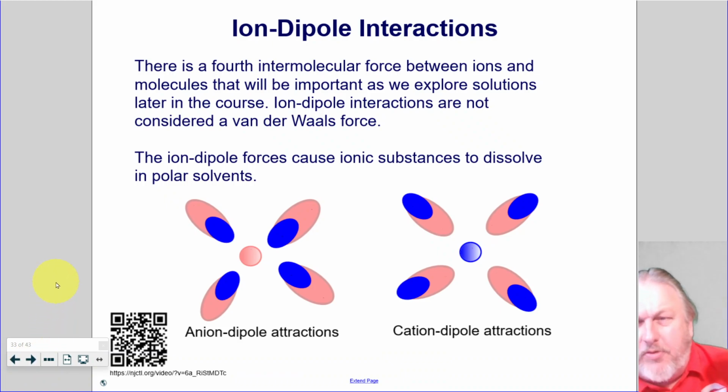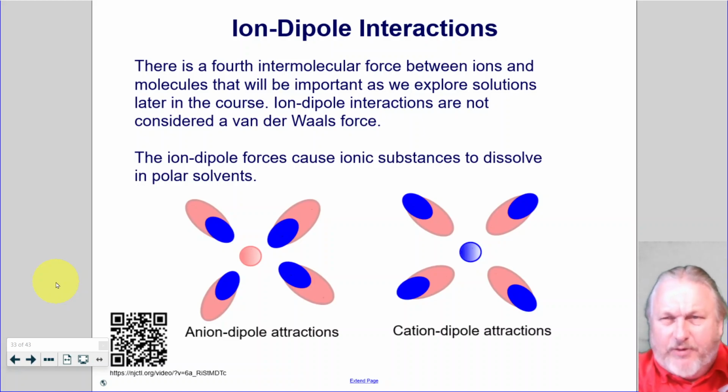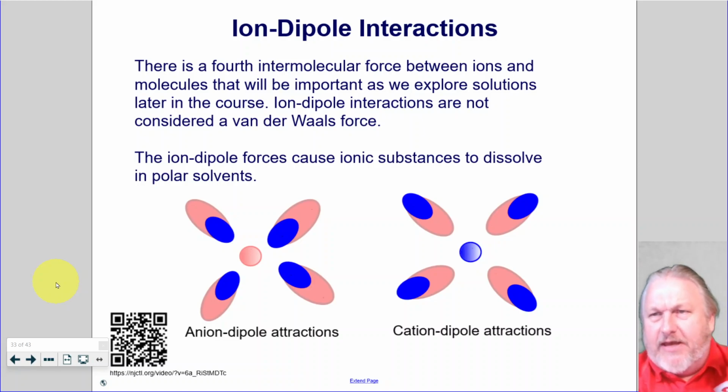There's a fourth minor intermolecular force, and these occur between ions and molecules. We're going to talk about it, and this is sort of important as we start talking about solutions, so you do need to understand it.